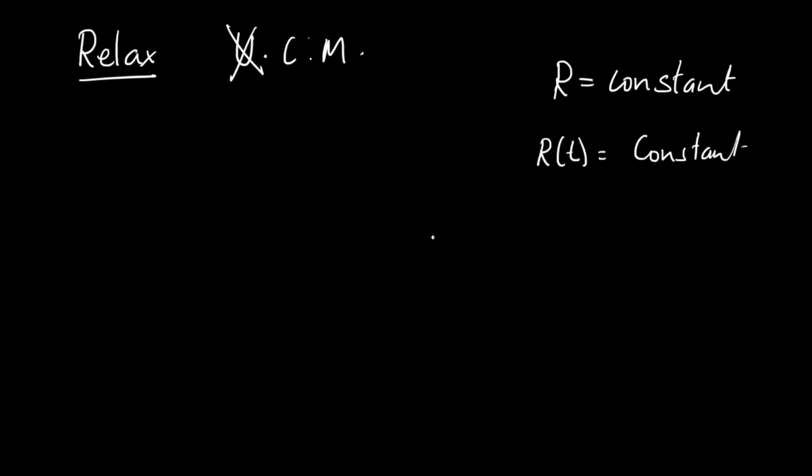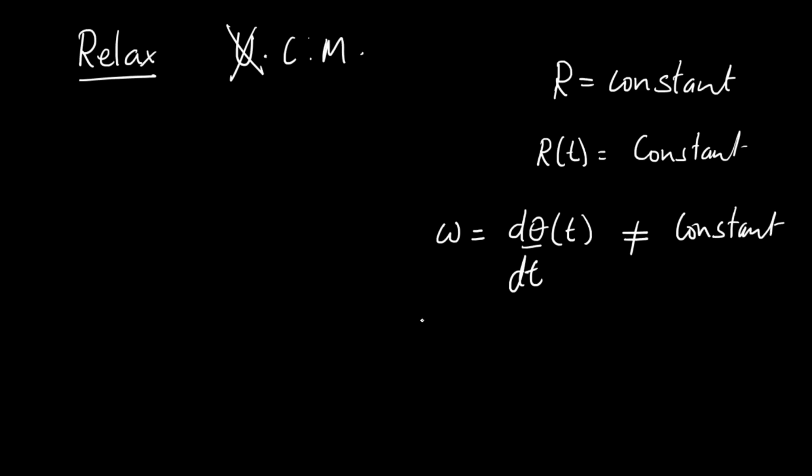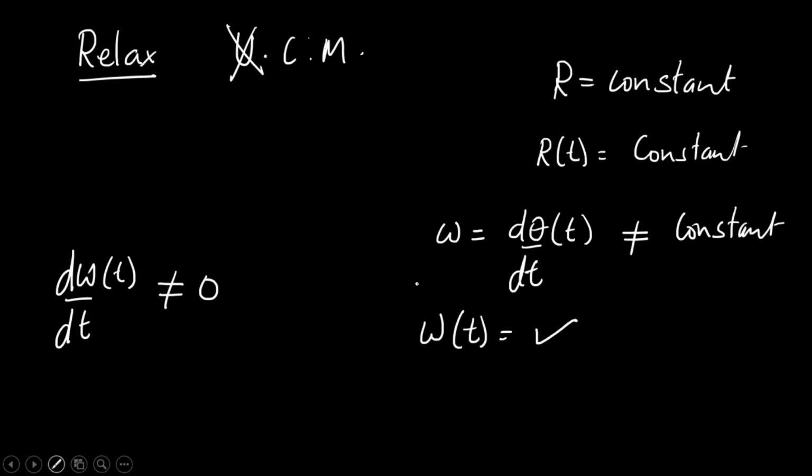But this time, let's not assume that omega, which is equal to d theta by dt, is a constant. In fact, it's a function of time. And more importantly, because it's a function of time, d omega by dt is not 0.